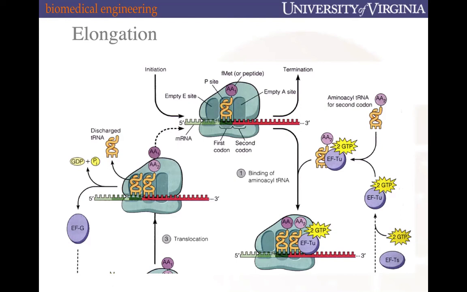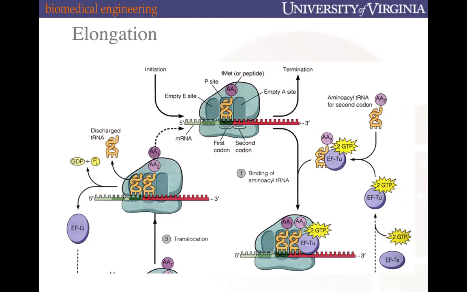When it's the matching or complementary anti-codon of the transfer RNA for the codon in the A site, the two GTPs will be hydrolyzed, and that transfer RNA will be accepted and sitting within the A site.